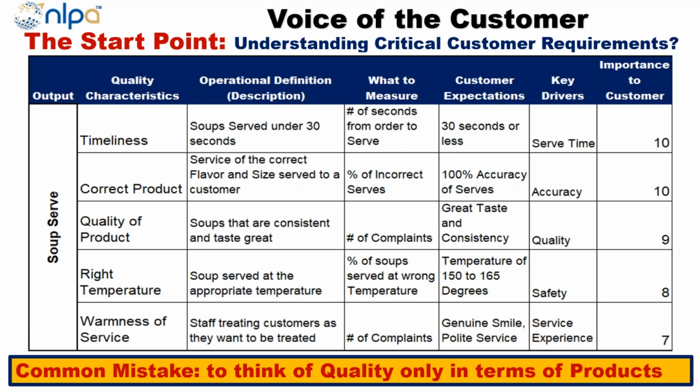So this is a very common mistake. So it's very important that we look at quality in multiple dimensions. This will enable us to have a better understanding and a more holistic understanding of supply chain systems.